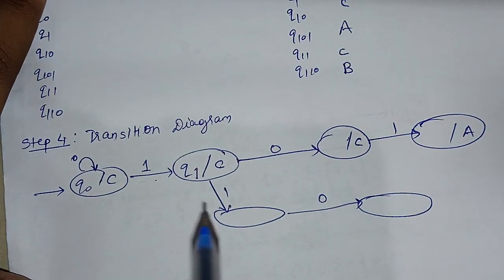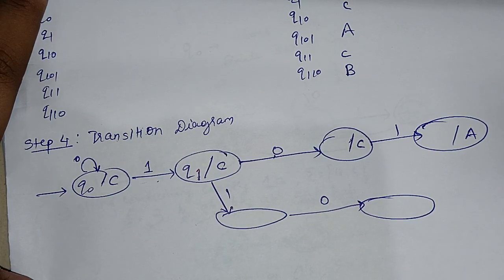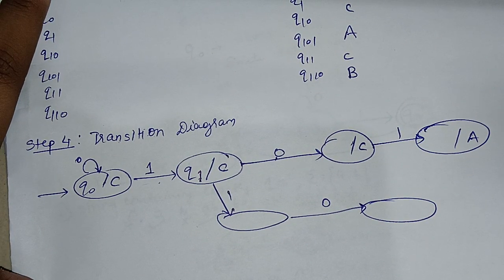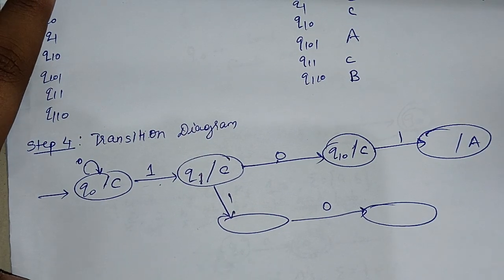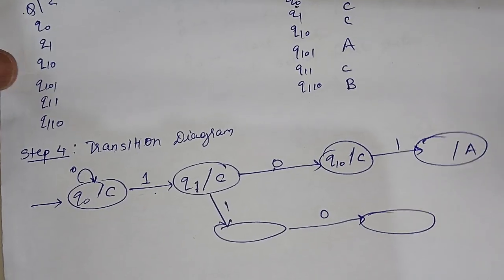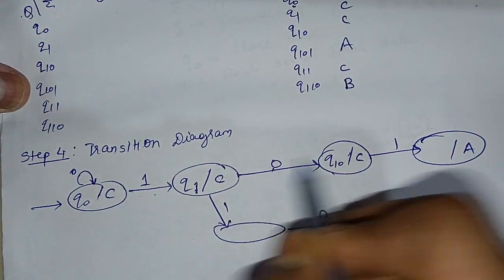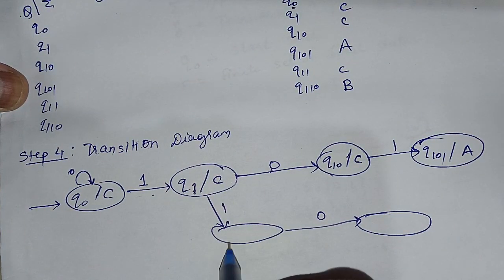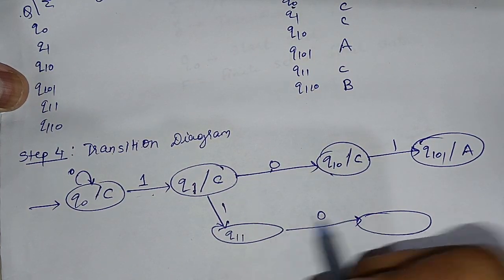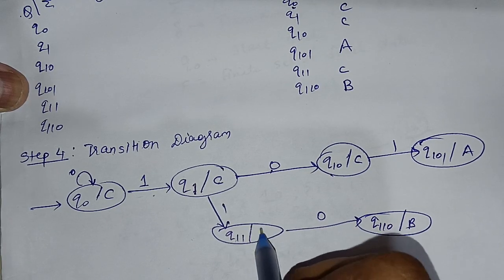When it receives 0, it is ending the string with Q10. If it is 10, it is going to Q10. If it is 101, it is going to Q101. Same for 11, Q11, and Q110. 110 must be B, rest all C.